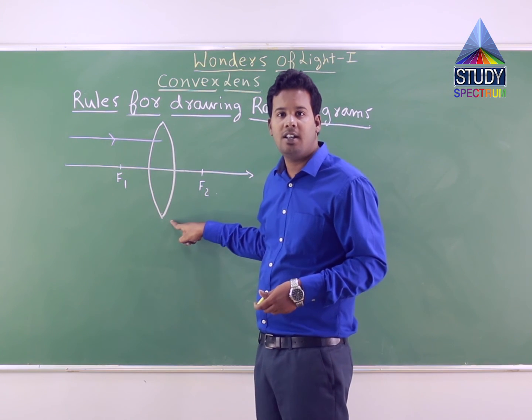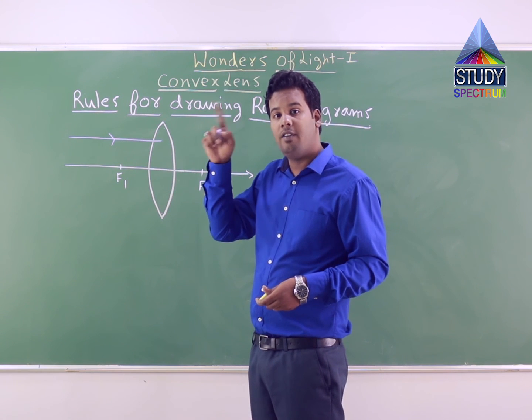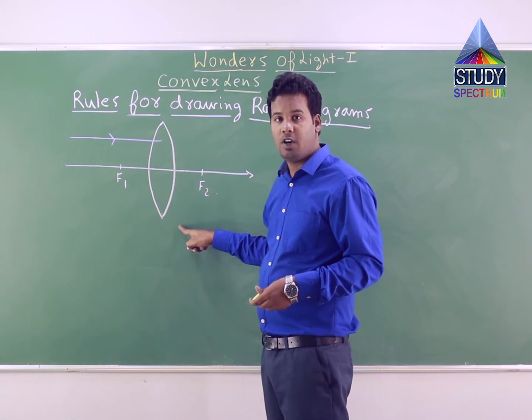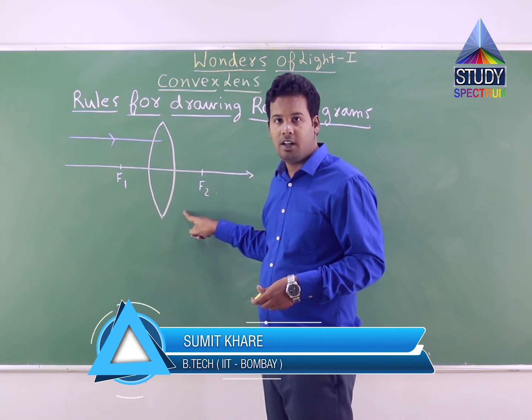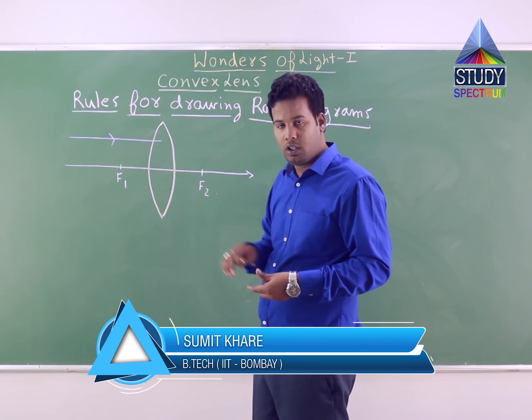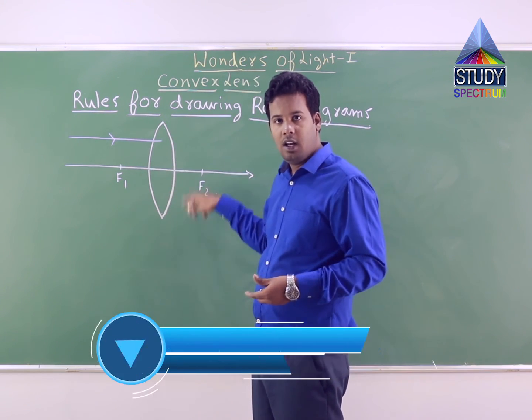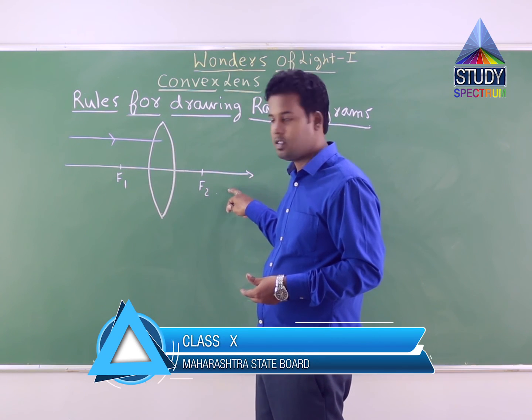It's because convex lens is a converging lens. Convex mirror was a diverging mirror, but this is lens. We are dealing with lens. Convex lens is a converging lens. So after refraction, it is going to pass through the medium, I mean this lens, but it will bend towards this principal axis.